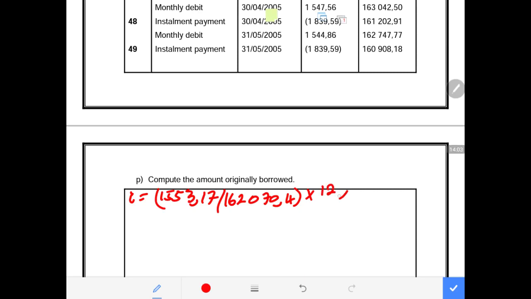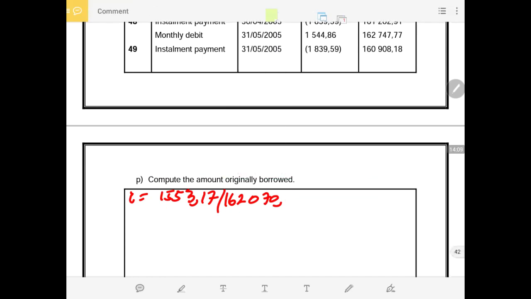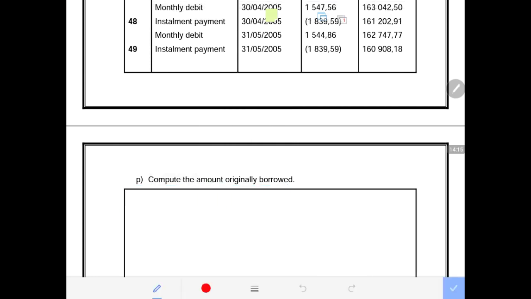Then after we multiply it by 100, it will give us our interest, which is 11.50%, and it is per annum, compounded monthly.